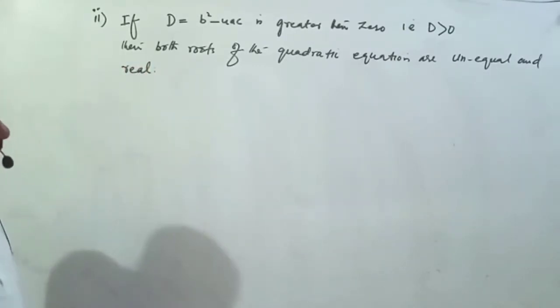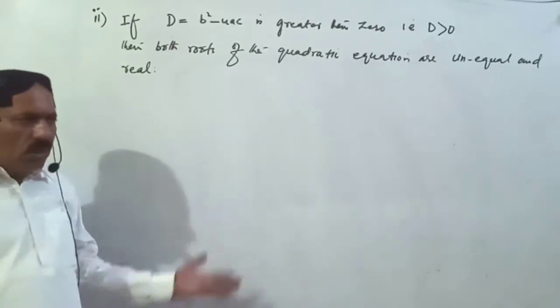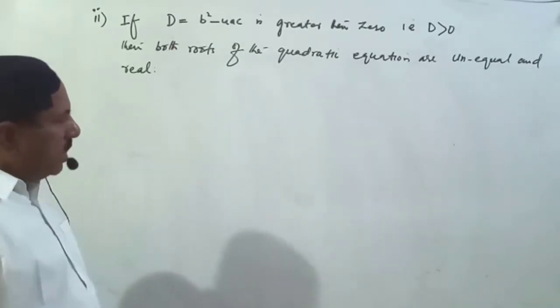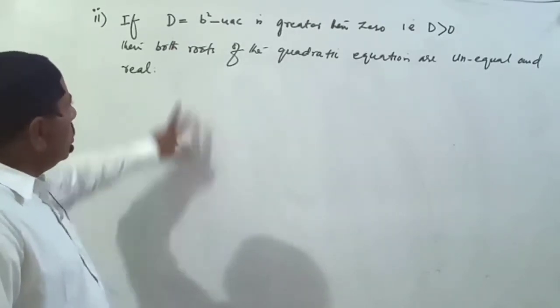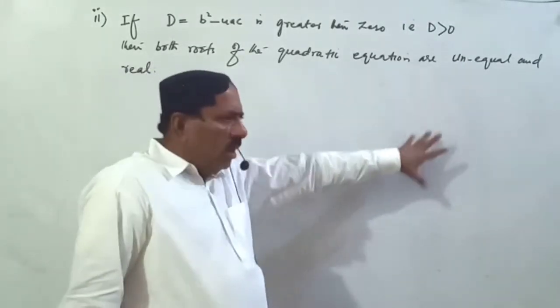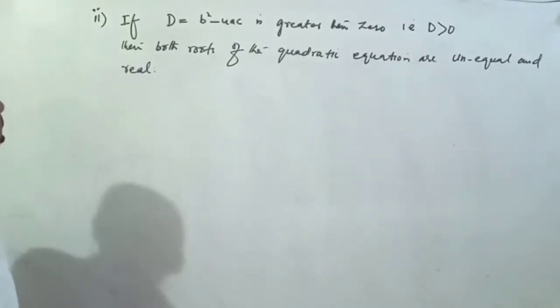So if any equation gives us the discriminant greater than 0, means positive, then both roots of the quadratic equation are unequal and real.